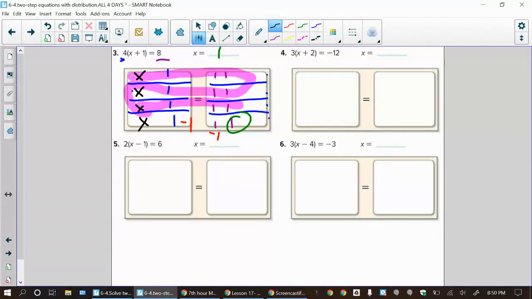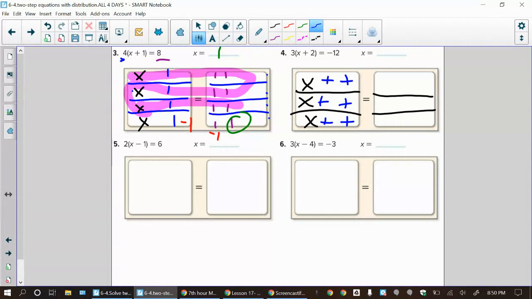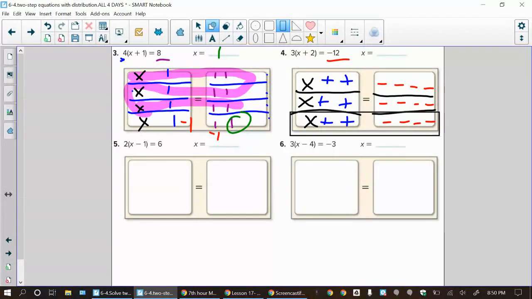Okay. All right, let's look at number 4. I'm going to split it into 3 sections. 1, 2, 3. Inside each section is an x and then plus 2. I'm going to just put positives now. Then I need to split 12 negatives: 1, 2, 3, 4, 5, 6, 7, 8, 9, 10, 11, 12. I am only going to focus on this section right here.